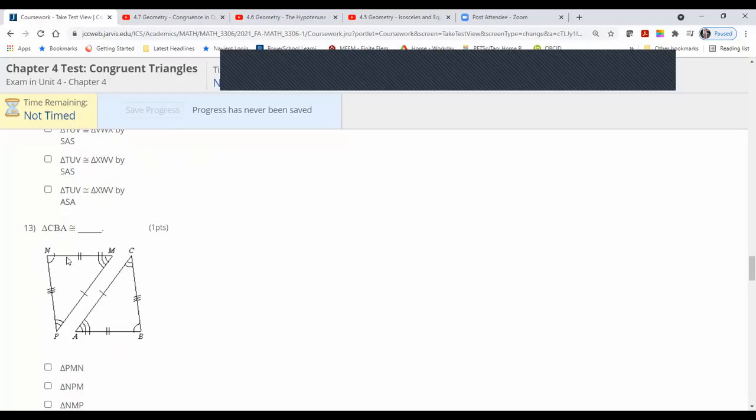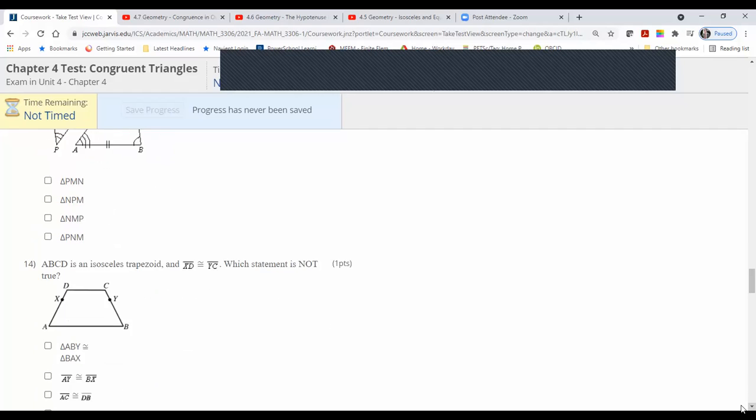Because C is congruent with, sorry, CBA. So that means you need to find what C is congruent with, P, and then P congruent with N. So the answer is P and M, right? Okay.